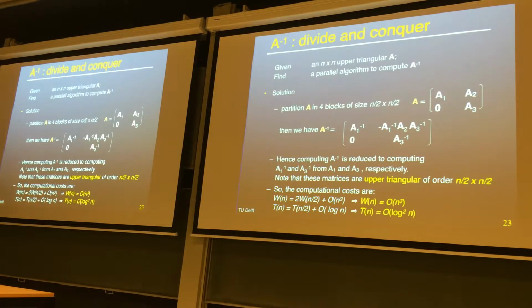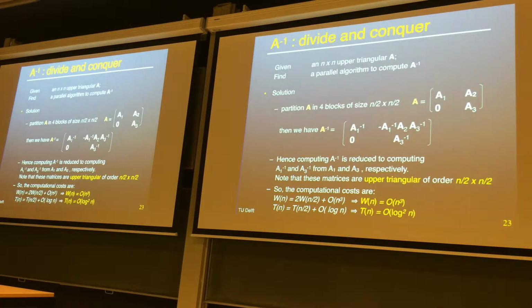So, if you take the order of the matrices, well, then this is a matrix of n divided by 2 rows and n divided by 2 columns, and for this one, the same.